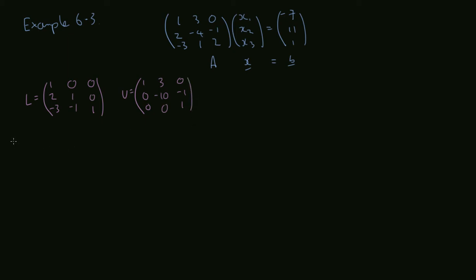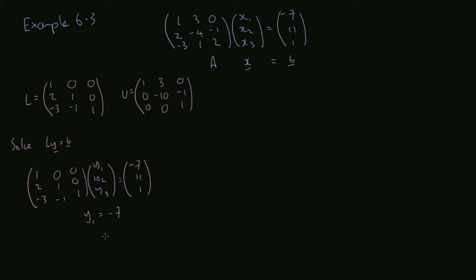So for Crout's method, we're going to solve LY equals B first. We have our L, our unknown values y1, y2 and y3, and our constant vector on the right hand side. It's quite trivial for the first one: y1 is simply equal to -7. Now y2 is going to be equal to 11 minus 2 lots of whatever y1 was.